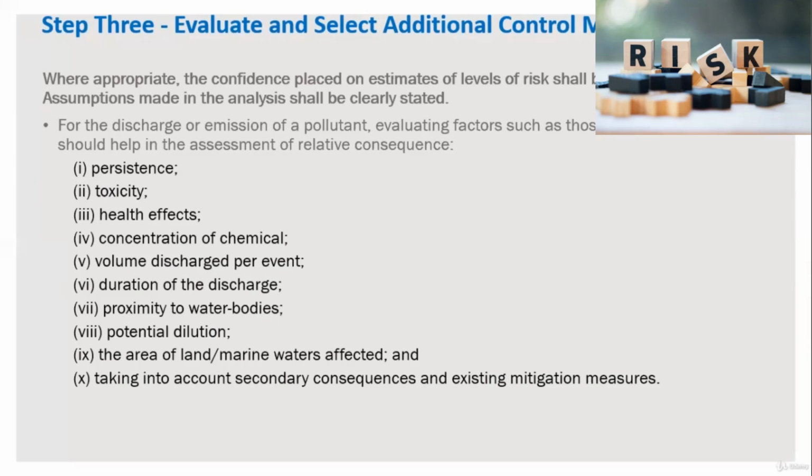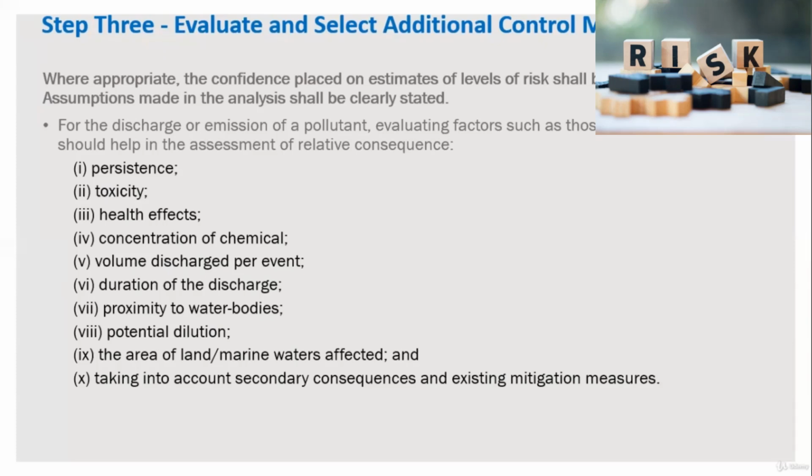Suppose you are using a high risk chemical. Volume of discharge: if a very small volume of H2S is leaked, the risk is very low, whereas if it is a high volume, death can happen. Duration of the discharge: how long it is discharged. Suppose petroleum is leaked for a second, it is not that much risk. But if it is for half an hour, it is very high risk.